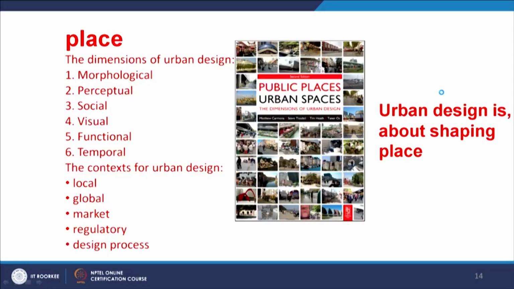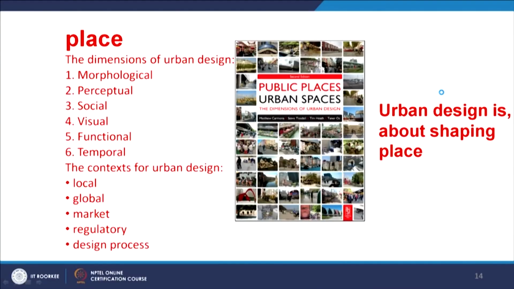And Matthew Carmona puts it all together, and he talks about different dimensions of urban design. Mainly the first part, he talks about the morphological and the perceptual, social, visual, and the functional and temporal. So in fact, in the context of urban design, he talks from the local to the global, the market and regulatory, and the design process.